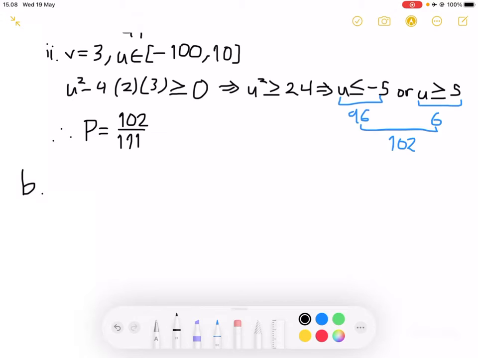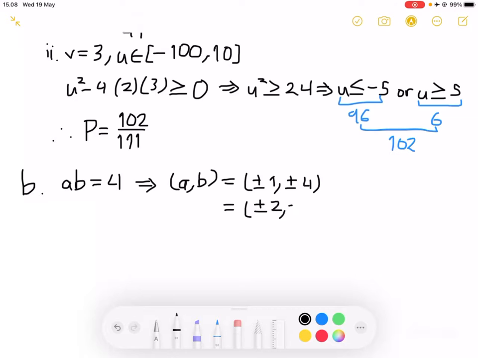Now first we can write all integer solutions to the equation a times b equals 4. We can write these solutions in the form (a, b), and they will be plus or minus 1 and plus or minus 4, plus or minus 2 and plus or minus 2, and plus or minus 4 and plus or minus 1, where if we take a positive 1, we must also take positive 4.